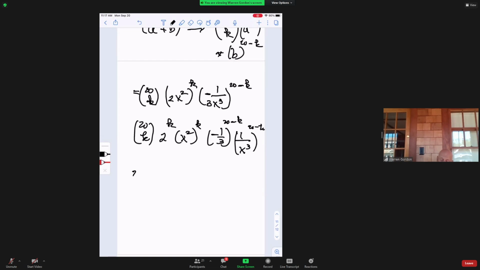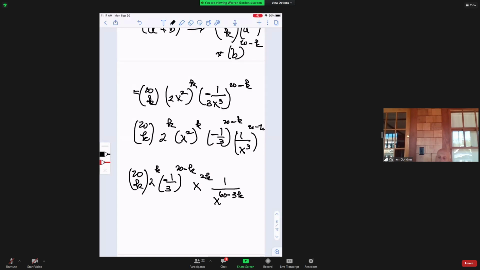So let's rewrite this as 20 choose k, 2 to the k, minus 1 over 3 to the 20 minus k, x to the 2k, and 1 over x to the 60 minus 3k.